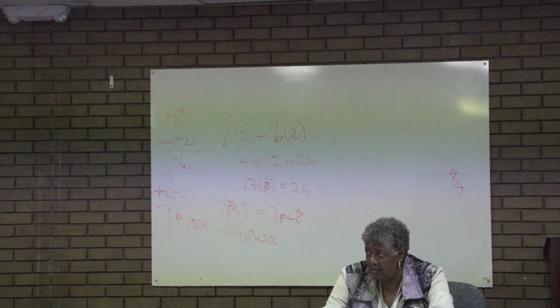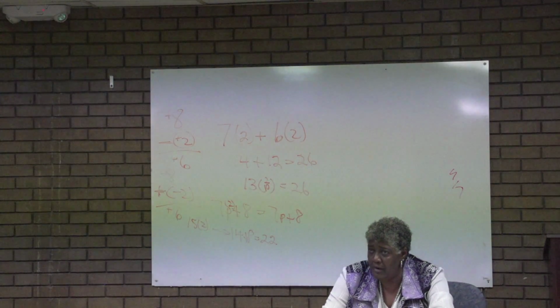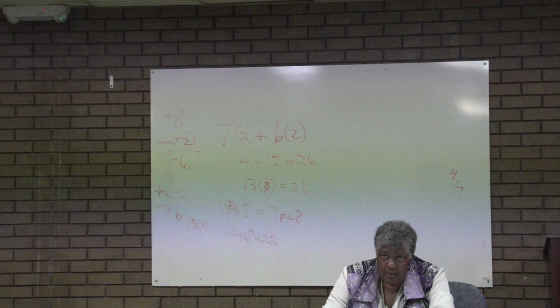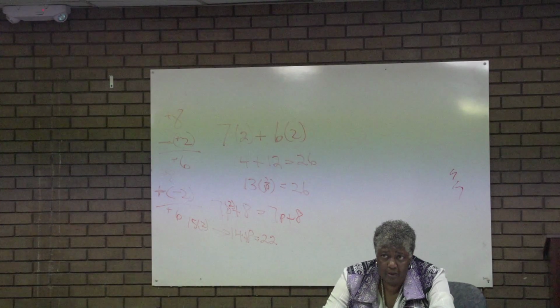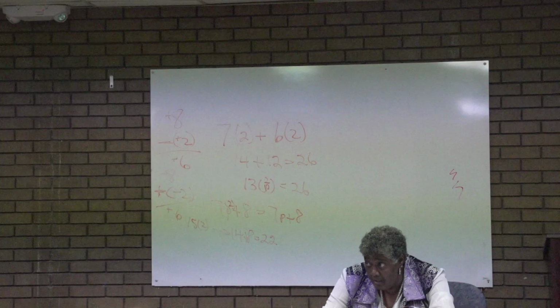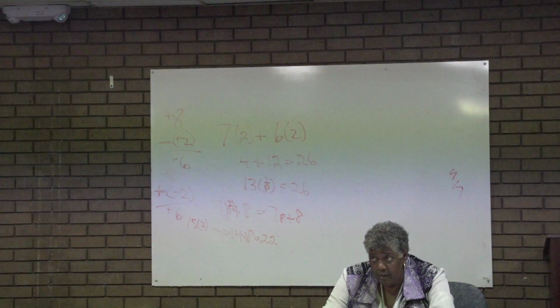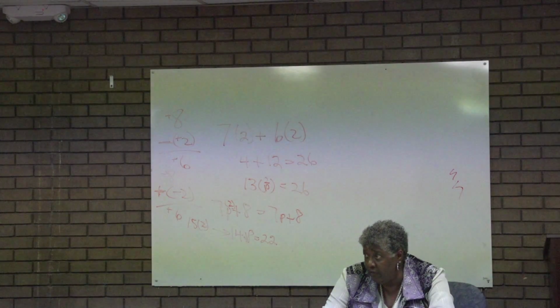So you have 6c. That's the c's taken care of. Now let's take care of the numbers. You have a minus 4 and a plus 5. So what are you going to have? 5 minus 4 is 1. Positive or negative? Positive, because the 5 is bigger than the 4, right?